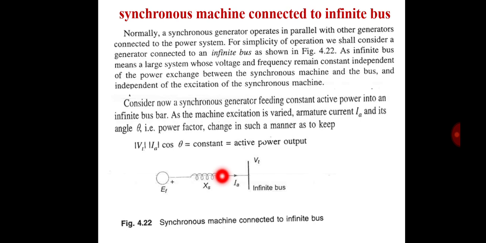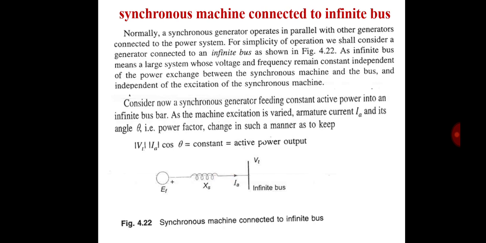We already know that when two generators are connected in parallel, some conditions must be satisfied. The voltages of both generators are the same, the frequencies of both generators are the same, and the phase sequence is also the same for both synchronous machines.